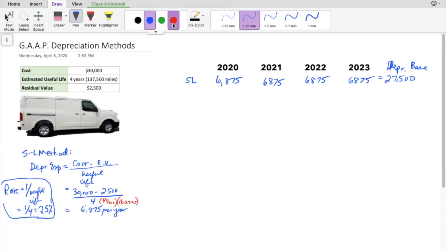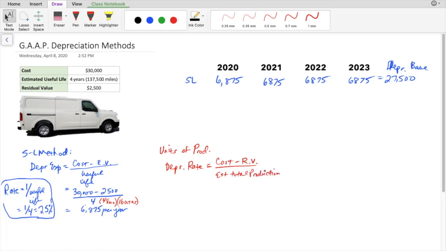If we look at units of production, it works a little bit differently. In units of production, we are going to calculate a depreciation rate. We're going to do that by taking the cost of the asset, subtracting the residual value, and dividing it by the estimated total production that we expect to get from the asset.